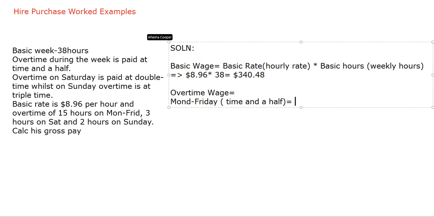So what would be his time and a half rate? In order to work out his time and a half rate, we need to remember that everything is based on our hourly rate. So his hourly rate is $8.96. So his time and a half will be 8.96 plus a half multiplied by 8.96.